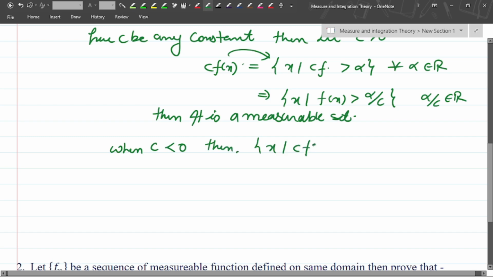Similarly, when c is less than 0, the set of x such that c into f of x is greater than alpha is the set of x such that f of x is less than alpha by c.